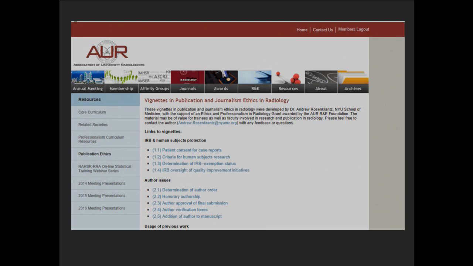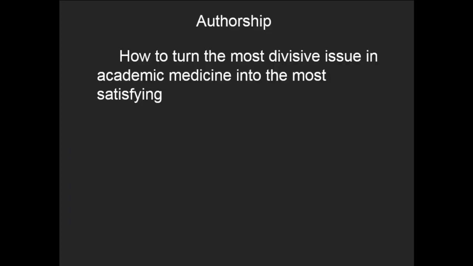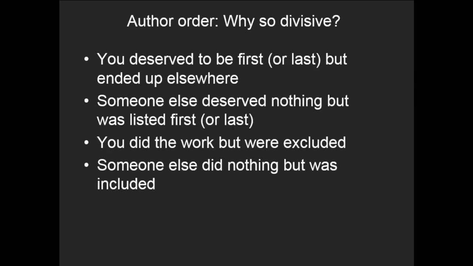Since my assignment is to talk about authorship, I picked one of these topics, which is author order, because that seems to be, in my 20 years of writing papers, the most divisive issue and one that can really create a lot of hostility among radiologists and non-radiologists. And I'm going to try to suggest how we can convert that to a more satisfying issue.